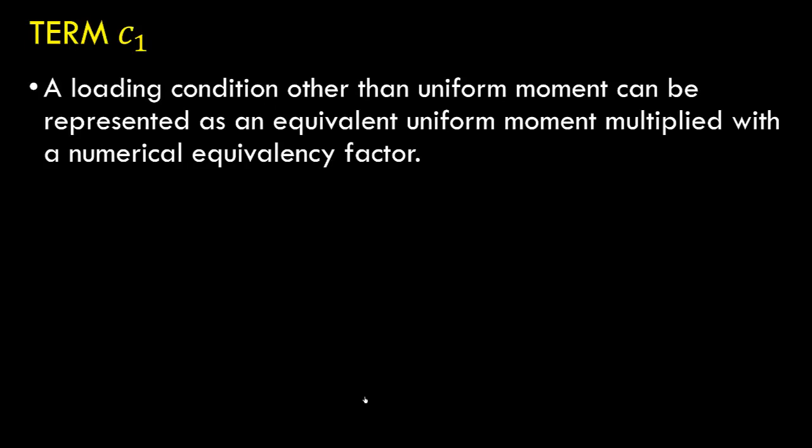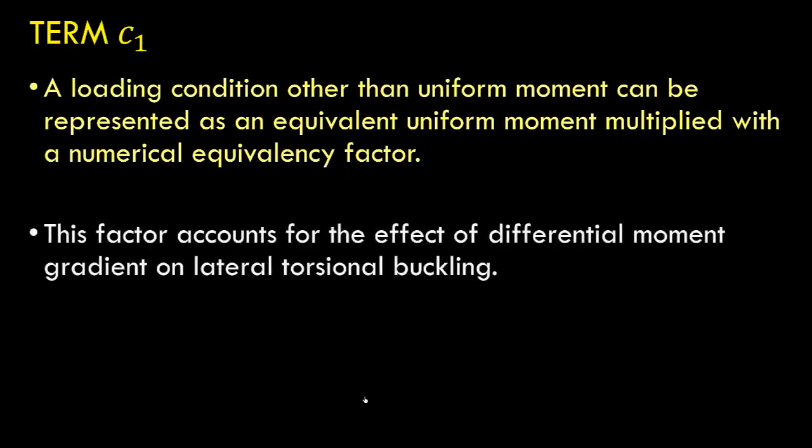So if I have a non-uniform moment, we have to multiply by a constant C1 to get an equivalent uniform moment. This factor accounts for the effect of the moment gradient on lateral torsional buckling. So we have a moment gradient, and to account for its effect, we have to consider the term C1 in the lateral torsional buckling critical moment expression.